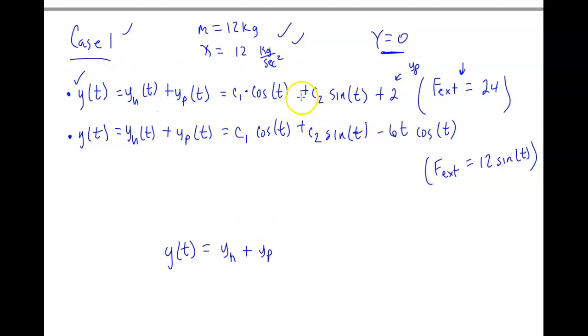Well, it turns out that we could rewrite the C1 cosine of t plus C2 sine of t as just some amplitude, and I'll call it C, times either a cosine function or a sine function. Now I'm going to skip all the particulars on this, but I am going to write out what this possible response could be, just so that you can see what I'm talking about as far as amplitude is concerned.